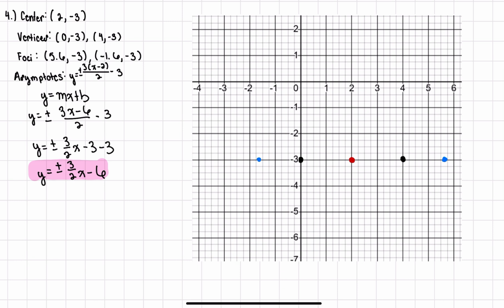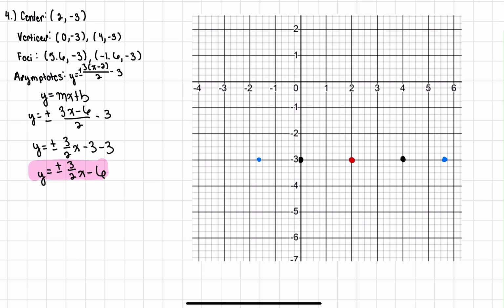Okay, so now that we have our foci, let's graph our asymptotes, y = ±(3/2)x - 6. Let's start with our y-intercept, which is at -6. From there, we would go up 3 and then to the right 2. So we see that it goes through our center and increases from there. That would be our first asymptote.